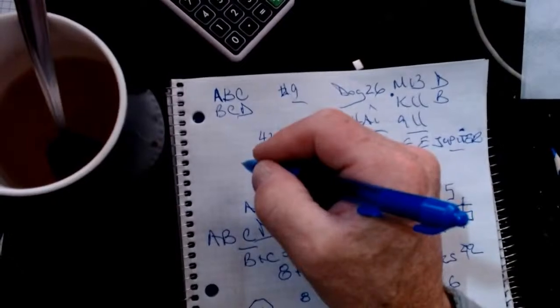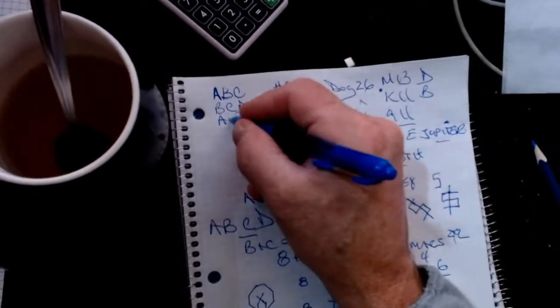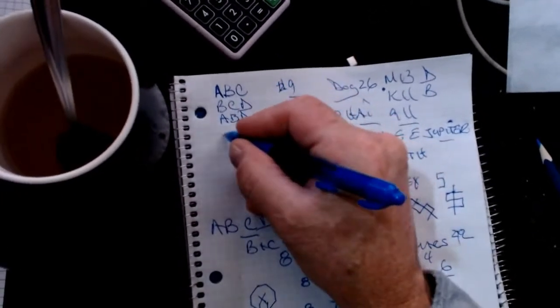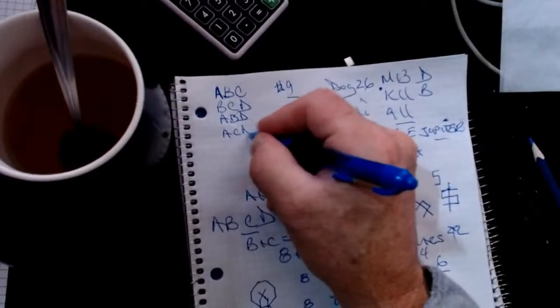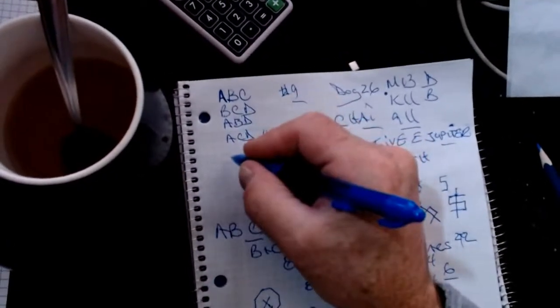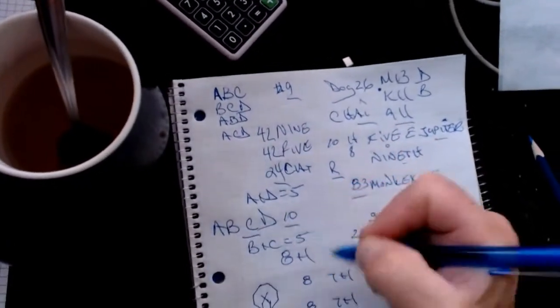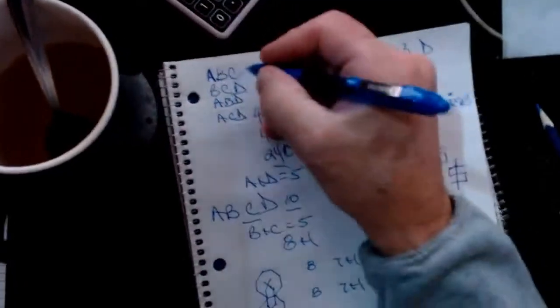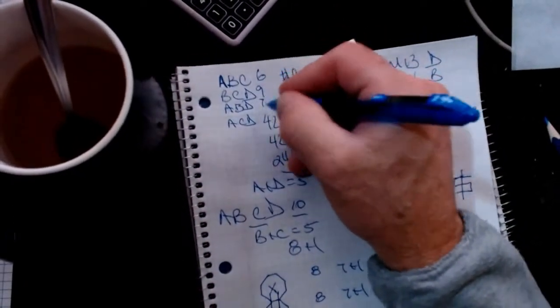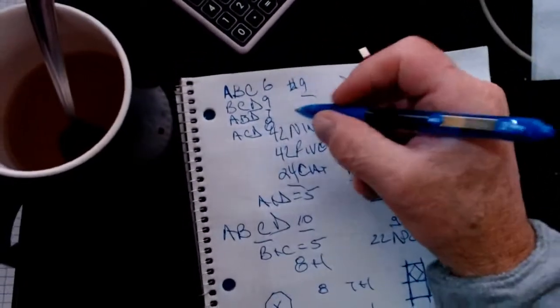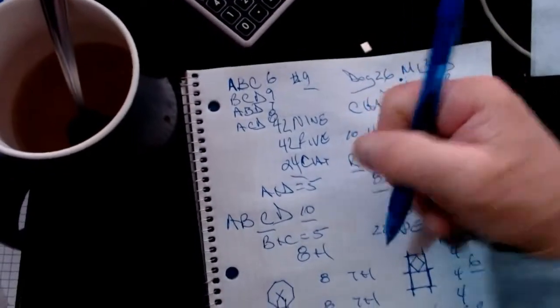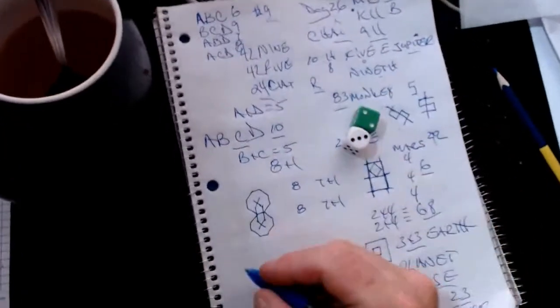But that's not the only thing that comes from this world. It's also the ABD. It's also the ACD. And then you get the BCD from the ABCD 10. So what you get out of it is 6, 9, 7, and 8. 6, 7, 8, 9, 10. So here's what happens now.